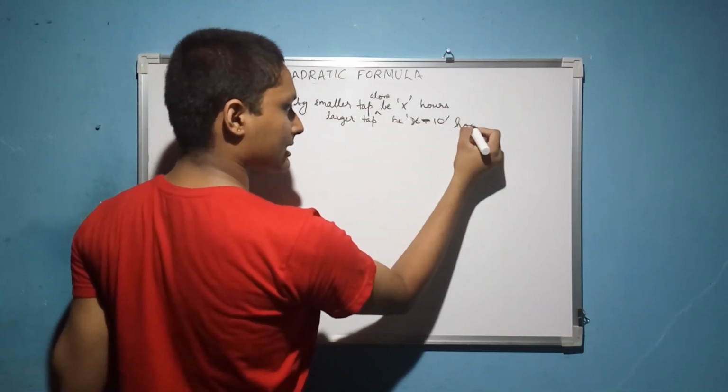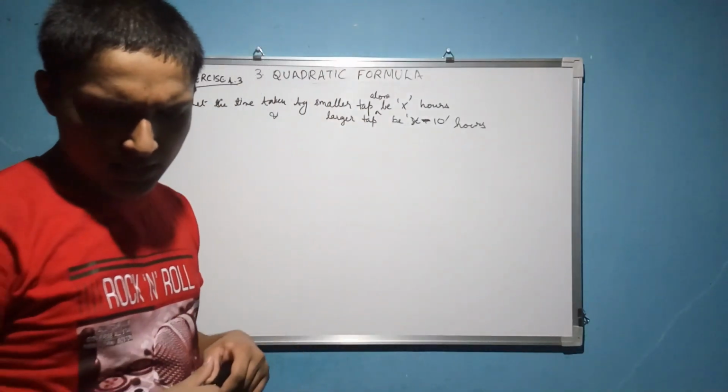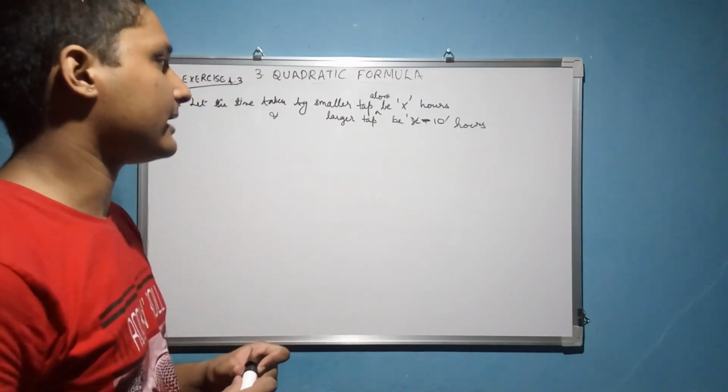Okay, x minus 10 hours is what you are going to get, because it is given that it is going to take 10 hours less than the smaller one to fill the tank. Okay, we are asked to find the time in which each of them can separately fill the tank.